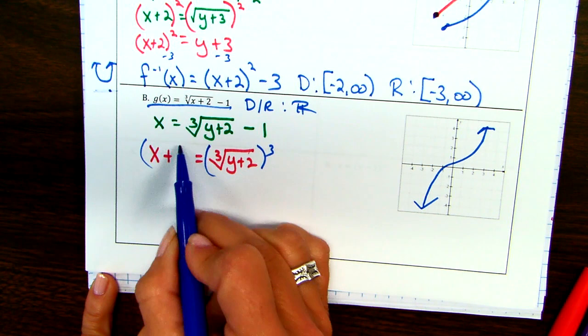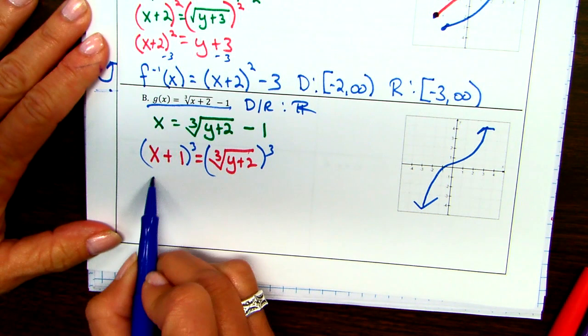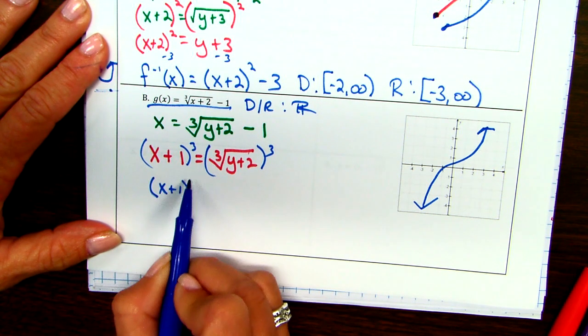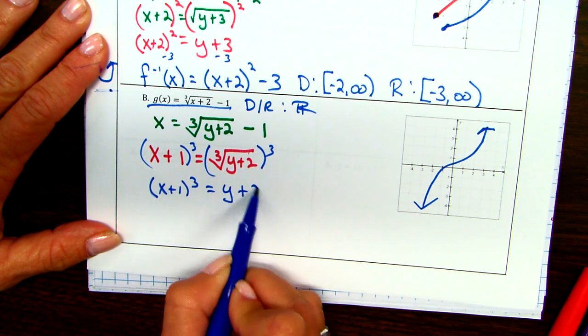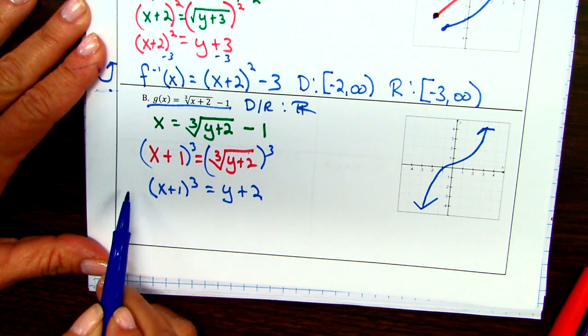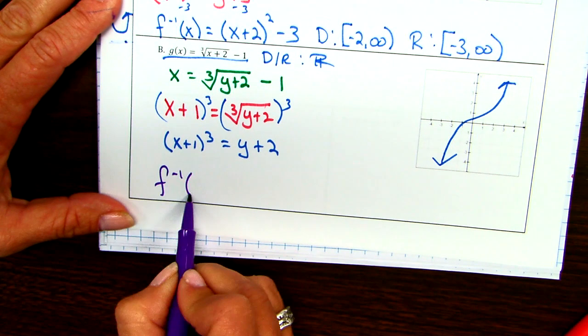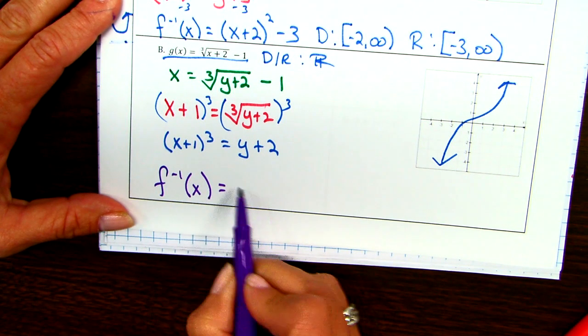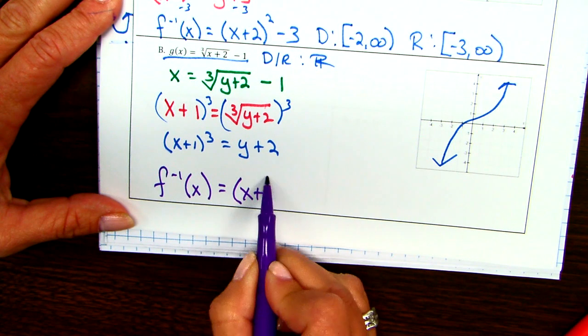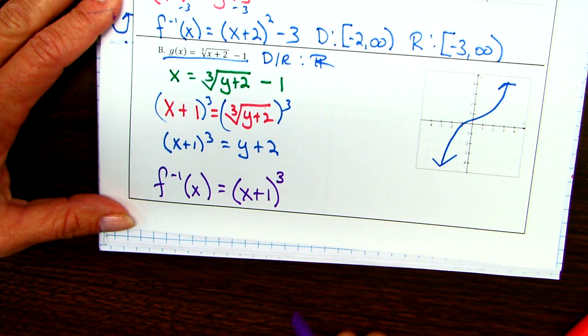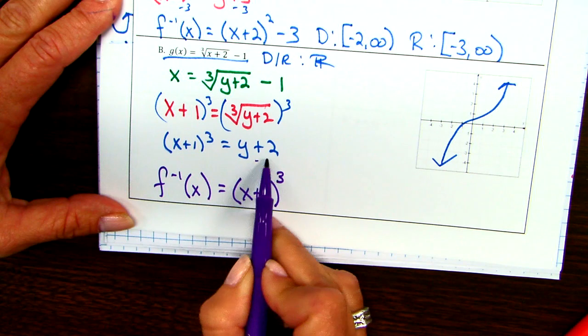Same idea, same thing as before. You don't have to actually cube that out. And then we just have to subtract the 2, right? So the inverse is x plus 1 quantity cubed minus 2, with a minus 2 there.